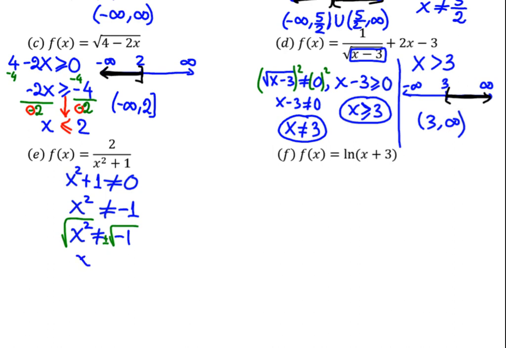So we have x not equal to plus or minus the square root of negative 1, which is imaginary. Since the domain we defined is only for real numbers, x cannot equal imaginary numbers. So what it means is it works for all real numbers. So the domain is all real numbers.